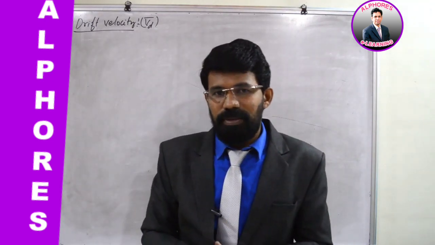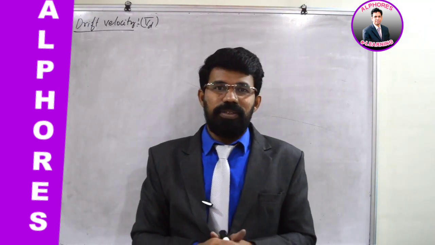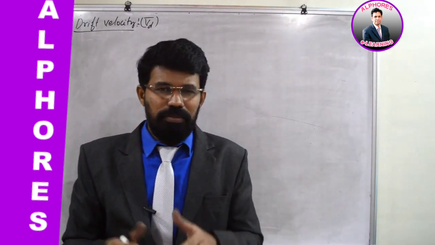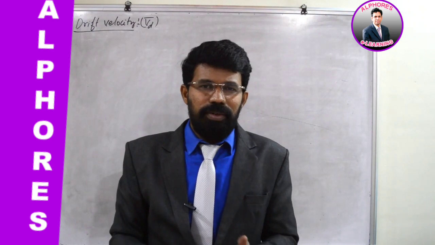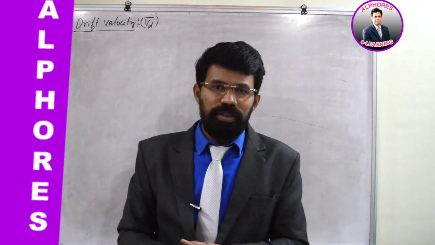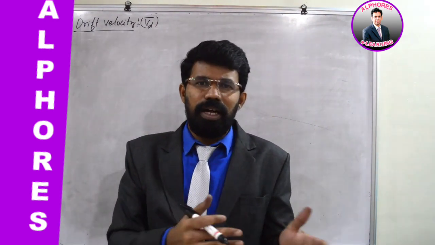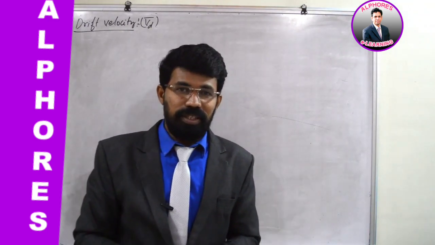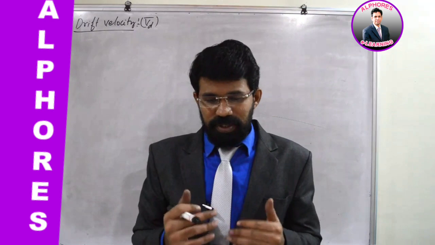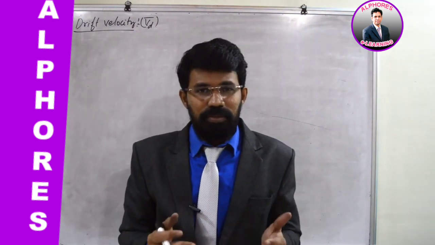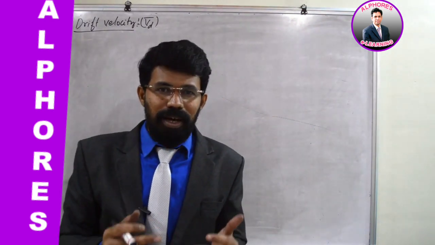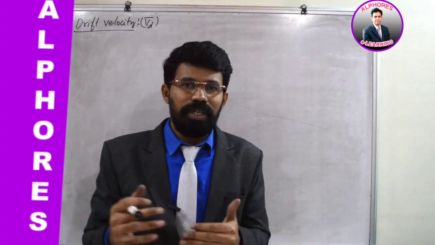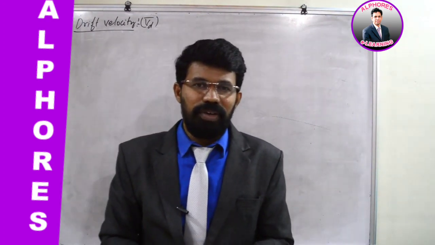So what I'm going to do is find the average value of the drift velocities. When you apply an electric field, all will experience a particular velocity. I'll take the average of all those, and I'll call that the drift velocity. Most of the time, whenever we deal with random motion, we have to go for average values only. Then only will we be able to make sure that the data is very close to the actual facts.